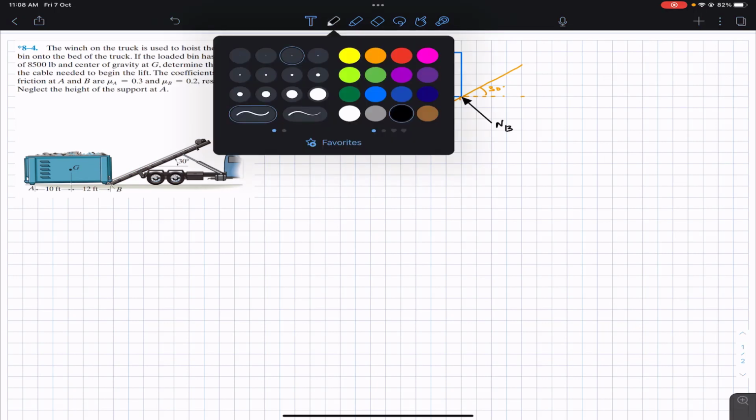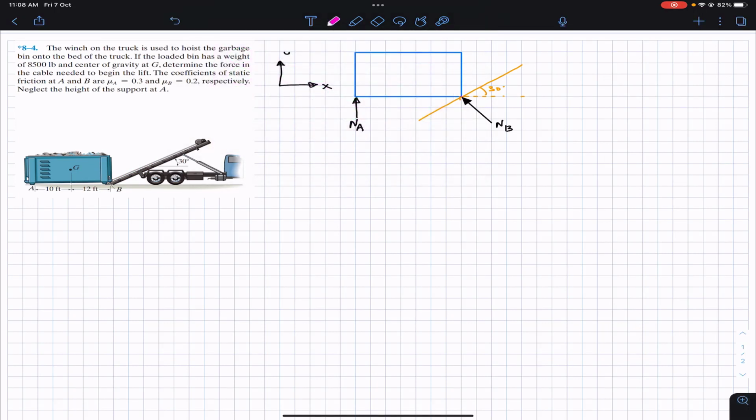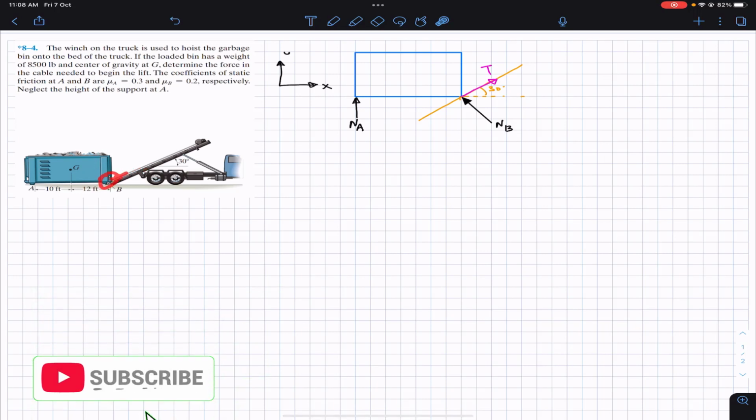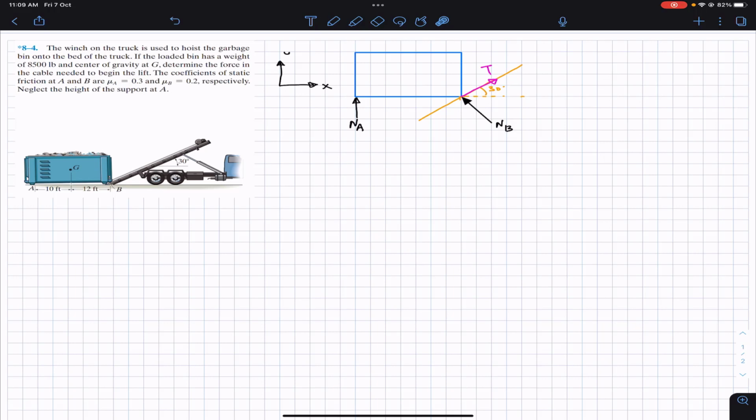This is the tension T. And as we know, since friction is involved, this tension will try to lift this garbage, moving it along this line. So the friction force will resist this motion. The friction force at B will act in the opposite direction to the applied external force.